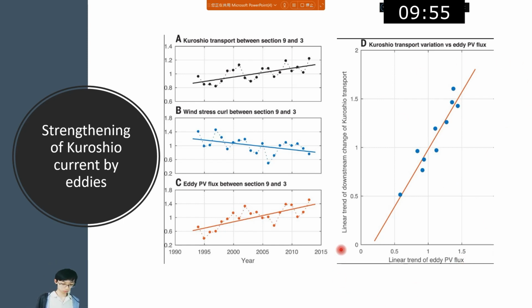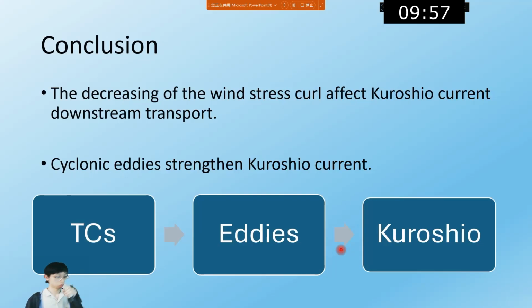Then let's talk about the conclusion. The first is that the decreasing of the wind stress curl affects Kuroshio currents' downstream transport. And the second one is that the cyclonic eddies strengthen the Kuroshio current.